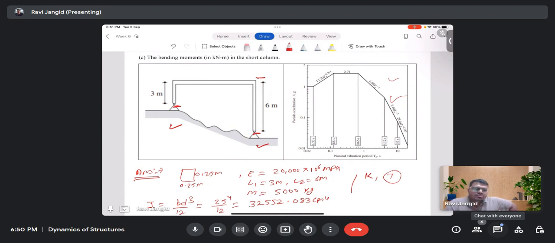Because in our assignment, they have given the mass per unit length of the column, like a water tank on top of the column, where the mass of the tank plus the column weight is given. Okay, let me check what the question is. Okay, sir.